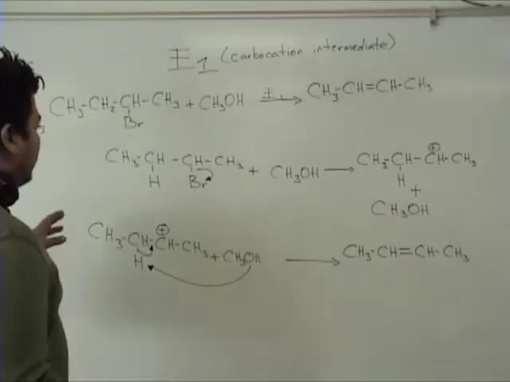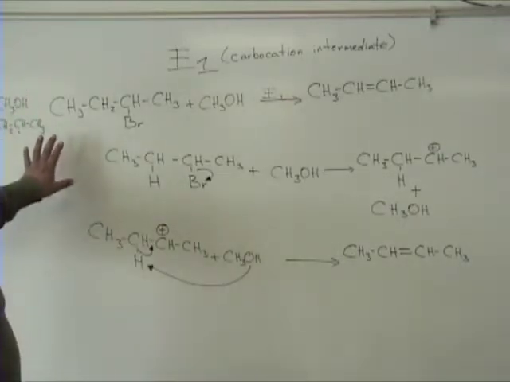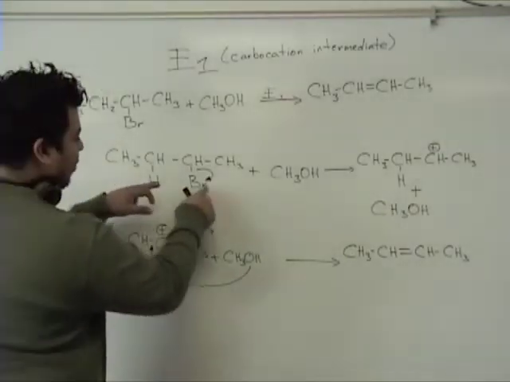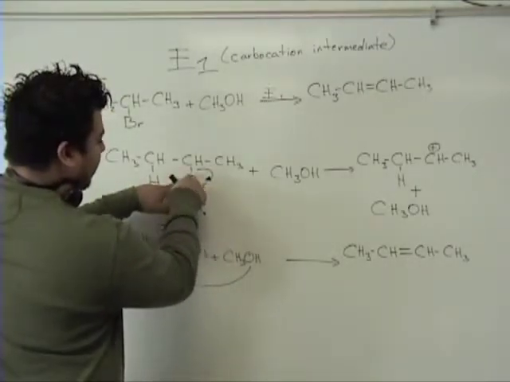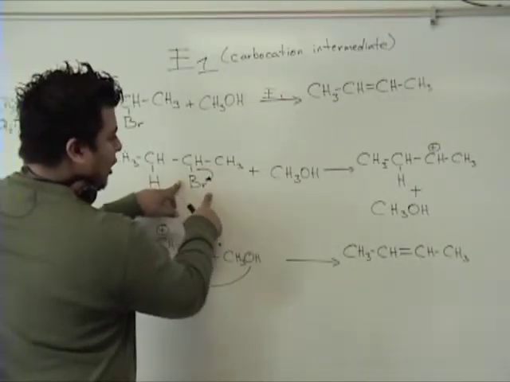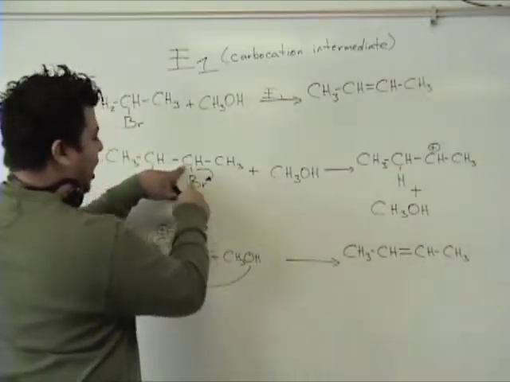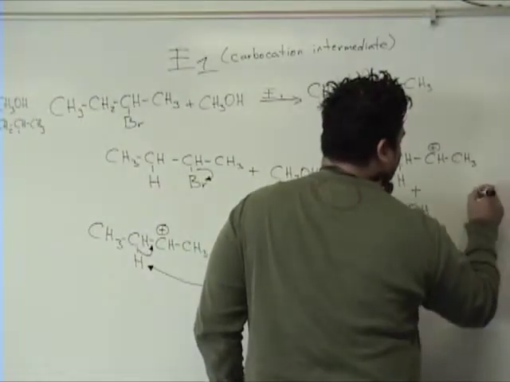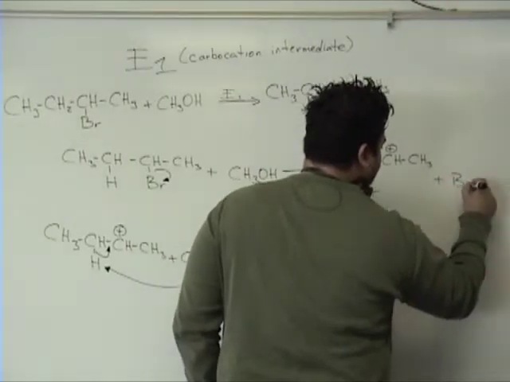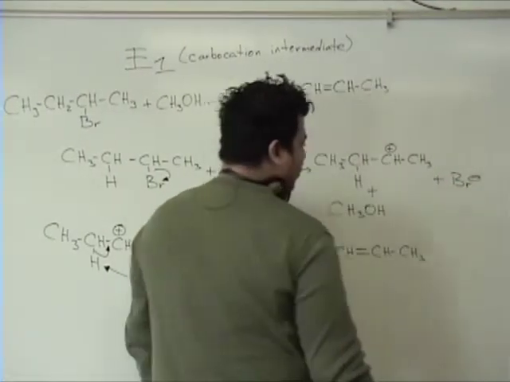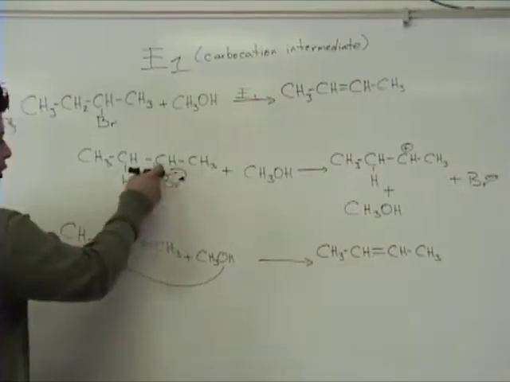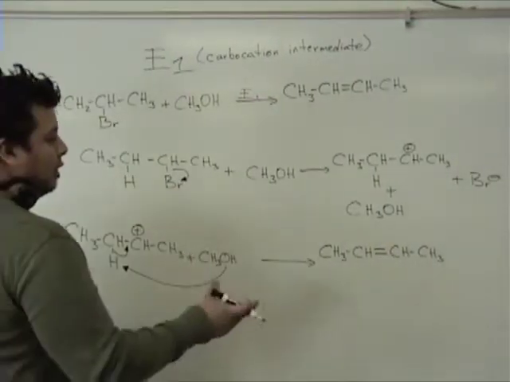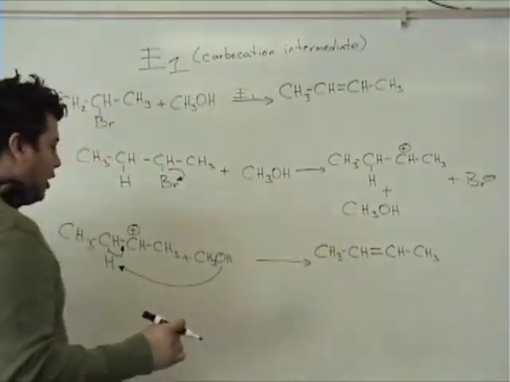So we expect the formation of a carbocation. It happens in step 1. What happens is the leaving group takes the electrons of the bond right here. And then you have a carbocation on this carbon, and you can even write plus Br minus, because it took the 2 electrons of the bond, and the base is just waiting there.